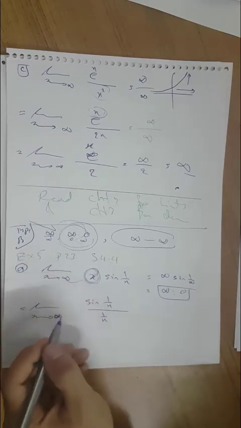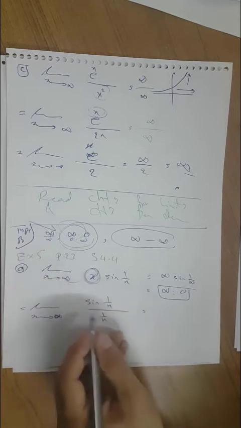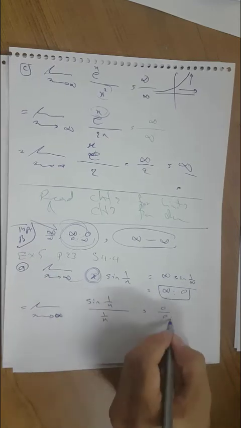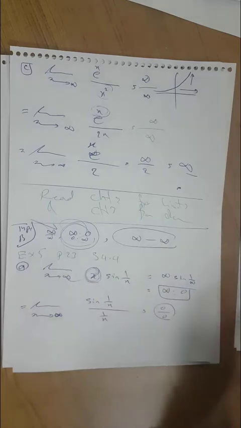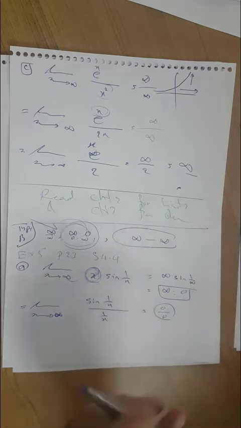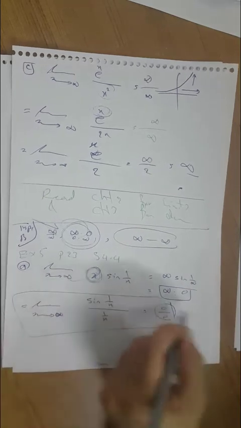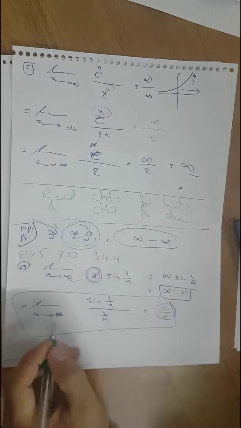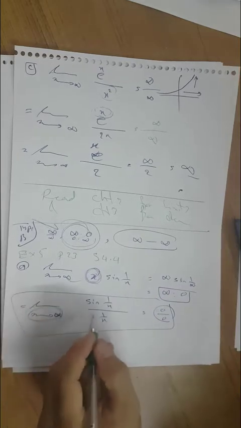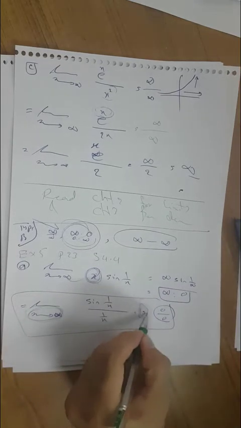So in that case, we have 0 over 0. How do you solve this one? It will not be easy to solve. So how do we change this one? Why did the book use another method? Because you cannot say this is equal to 1. Careful.